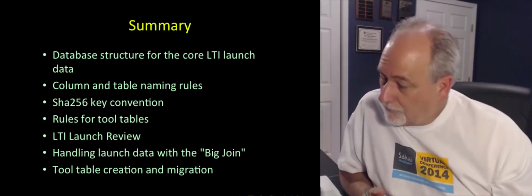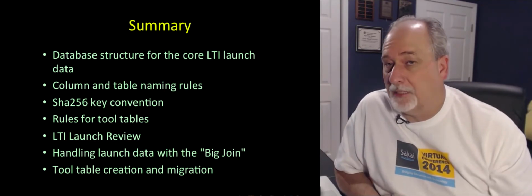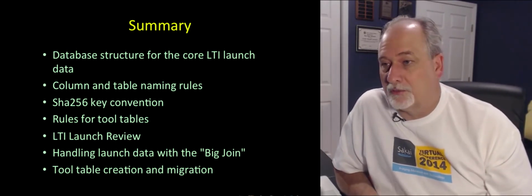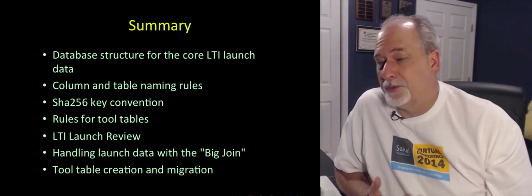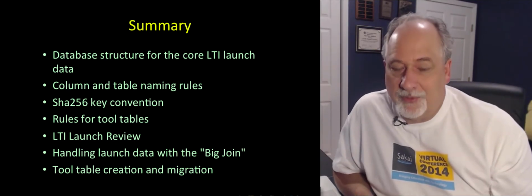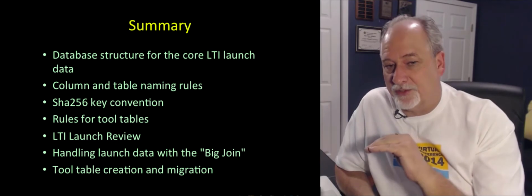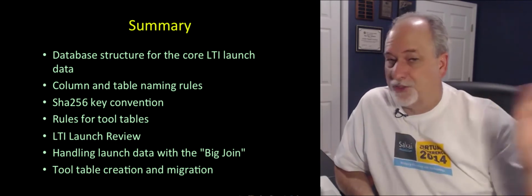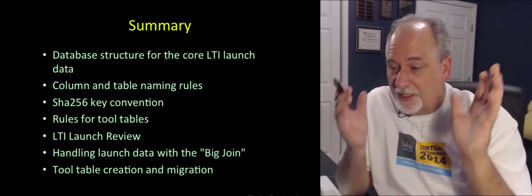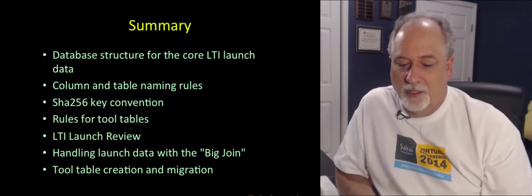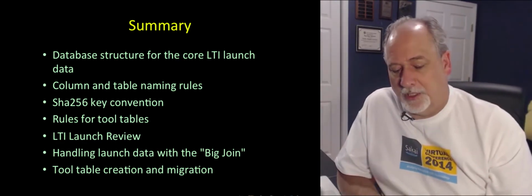So, we covered a lot of things. We talked about the core database structures, the core tables. We've got the conventions, which are about 90% Rails-like, and the SHA-256 key convention, because I can't assume that these user IDs and context IDs are short, and any number I pick will be too short. So I hashed them all.